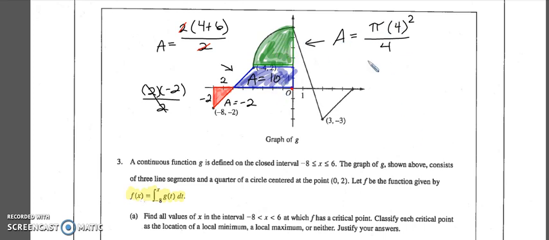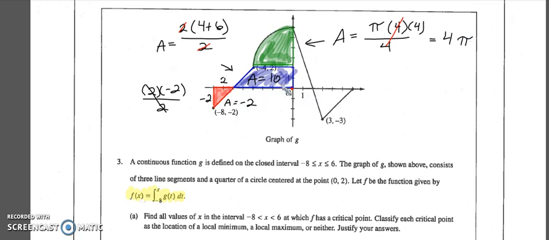The quarter circle, it's pi r squared, the area for a circle, divided by 4 because it's a quarter circle. And this is 4 times 4. So 4 squared is like saying 4 times 4. And we can simplify this one to get 4 pi.